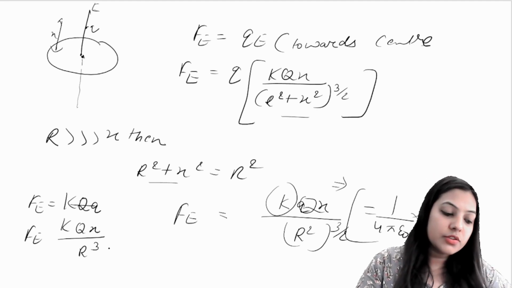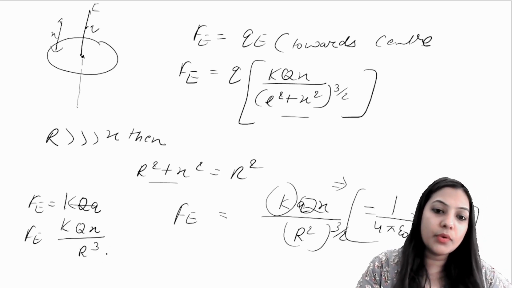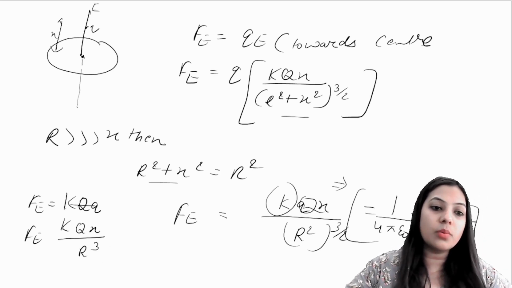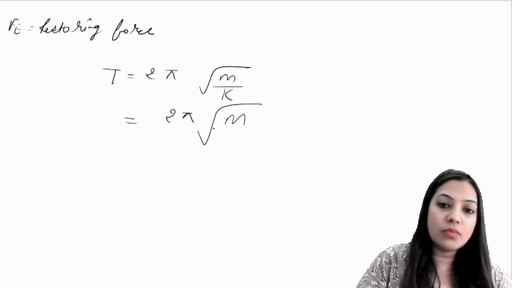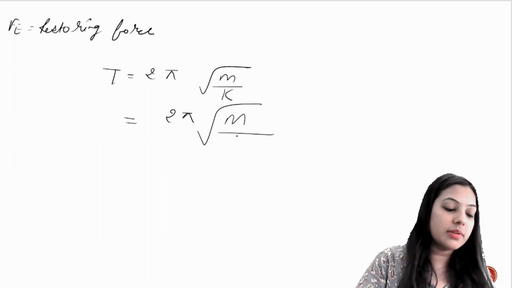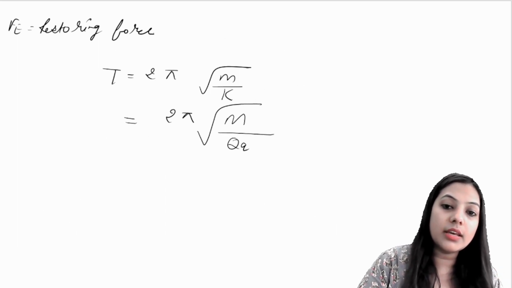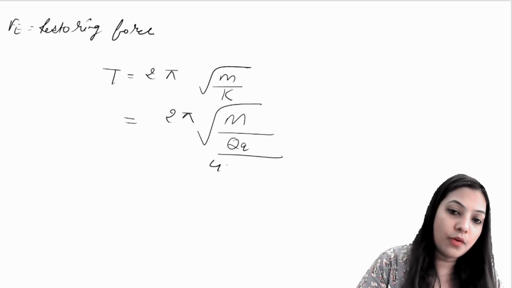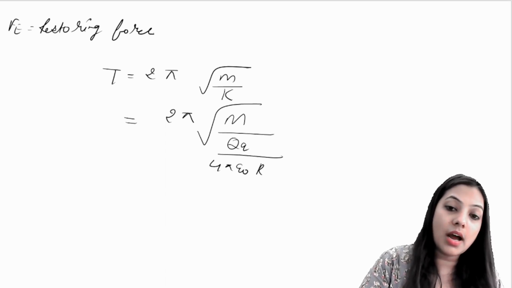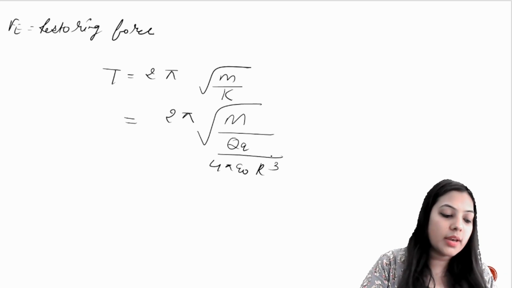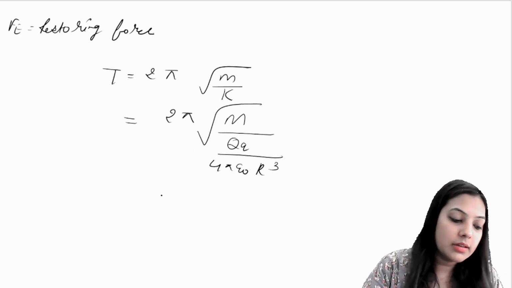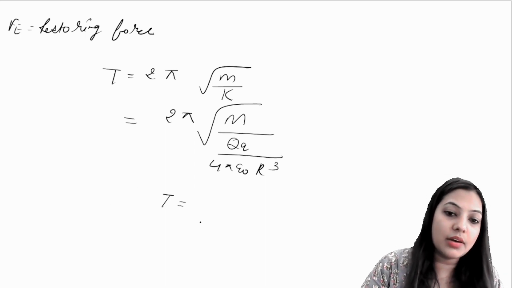So we can put this value in this equation. If we put this value in this equation, we get KQ upon 4 pi epsilon naught R cube, and this is the value of T.